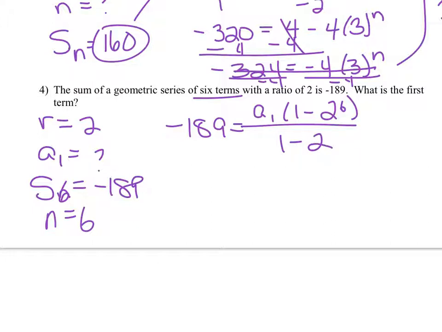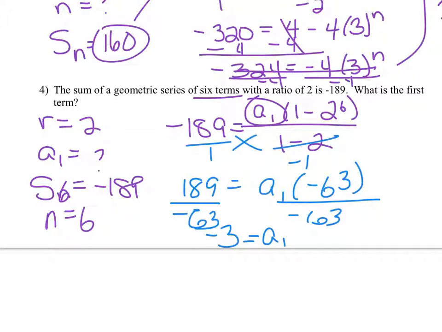So go ahead. You're just solving for this guy. Hopefully you can do that. So it looks like my first term is negative 3. Okay, remember this is negative 1. I cross-multiplied here, made this positive 189. Figured out this number, turned out to be negative 63. So I just divide by negative 63, and I get my negative 3.